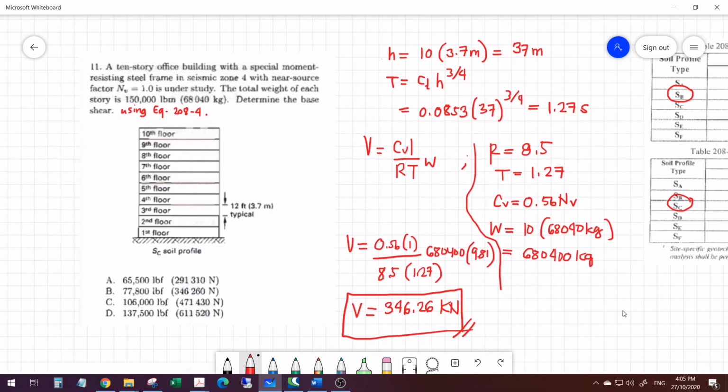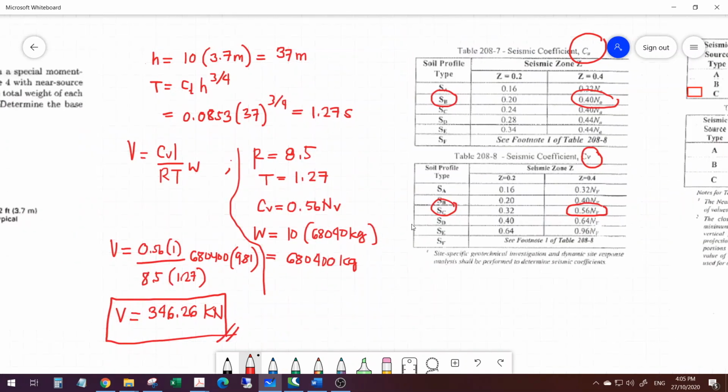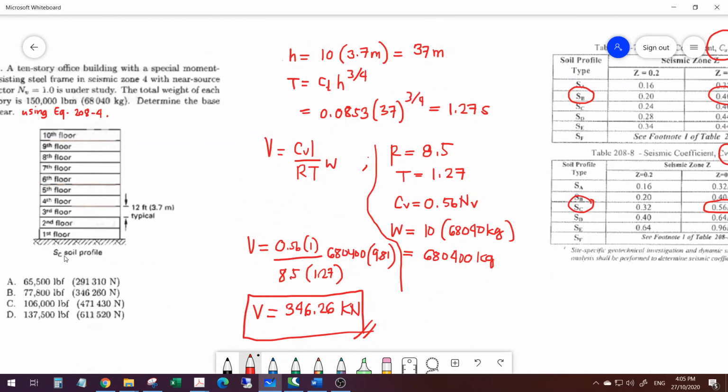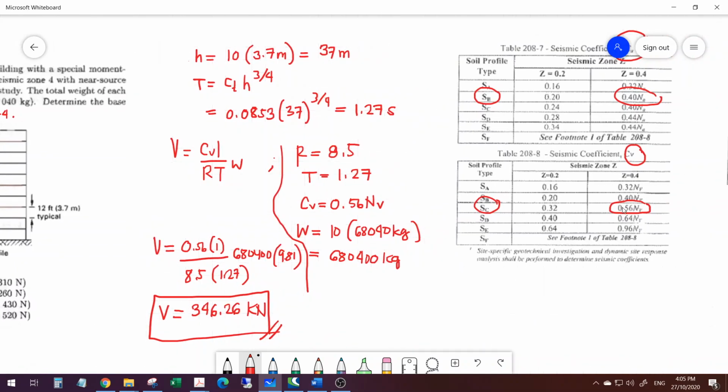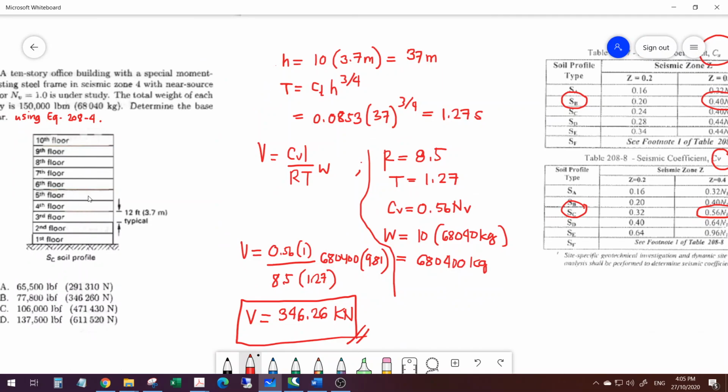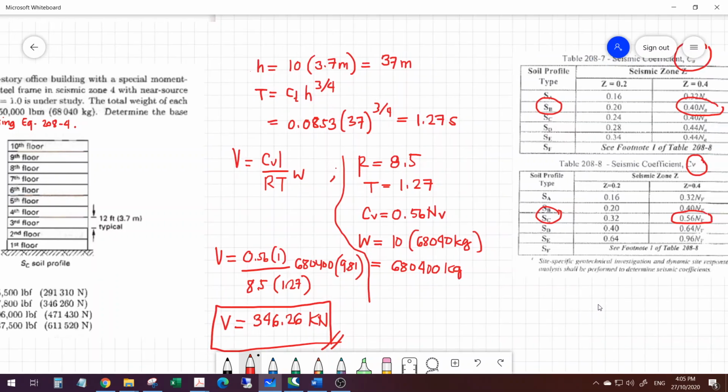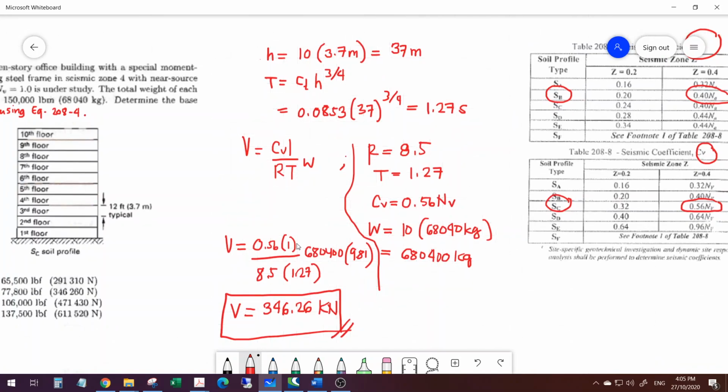CV is 0.56. How do I get that? Here, from the table. So under zone 4, your soil type is SC as given in the drawing. So 0.56 NV. Then weight is equal to 10 stories times the typical weight, 68,040 kilogram. So, okay, 680,400 kilogram. Okay, so plug in all the values.